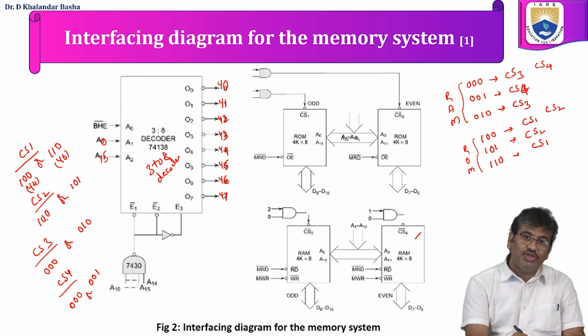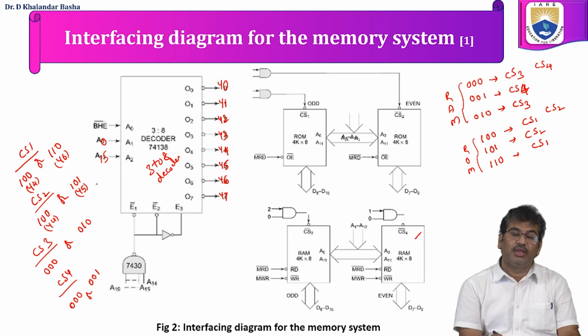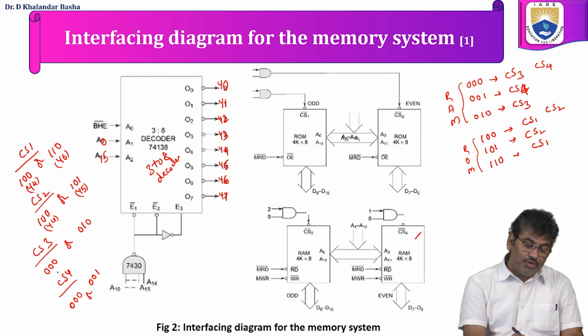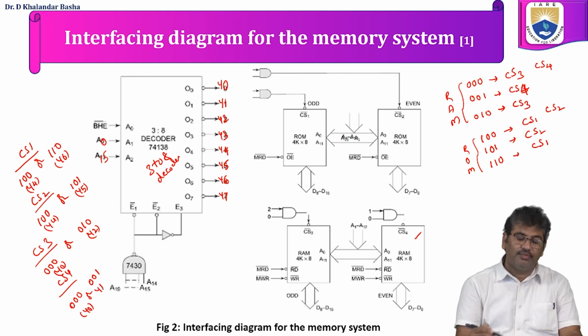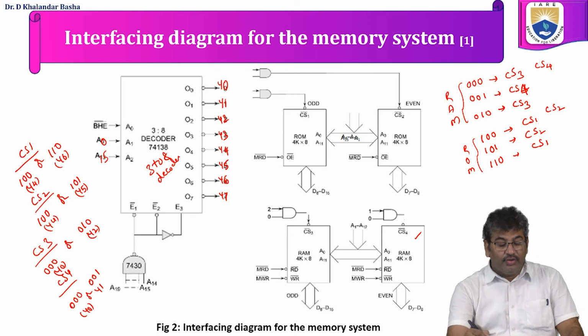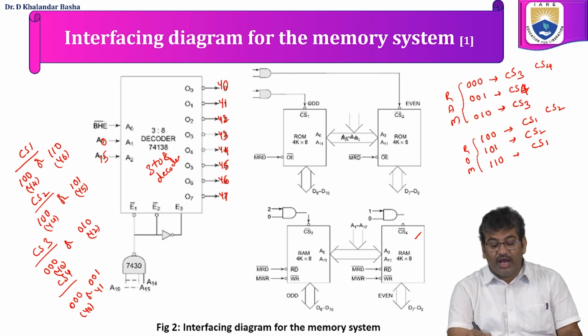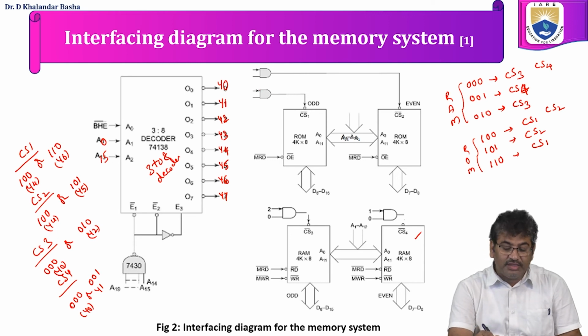Next 100, it is Y4, or 101, which is Y5. 000, Y0, 010, Y2, 000, Y0, 001, Y1.